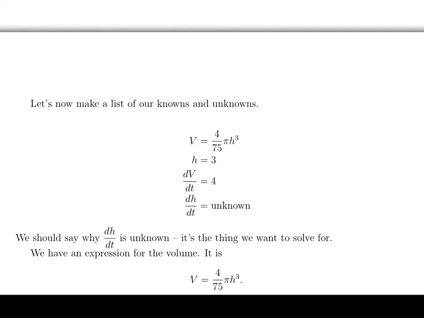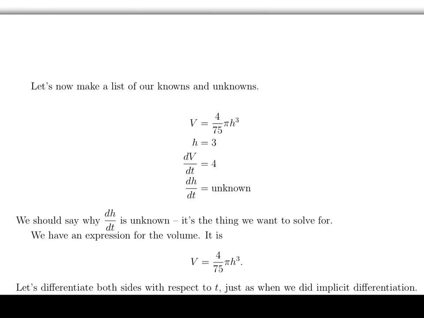Now we have an expression for our volume. It's 4 over 75 π times h cubed. And what we'll do is differentiate this, both sides, with respect to t. So if we differentiate both sides, let's see what we get. Remember that all the variables are functions of t, functions of time.